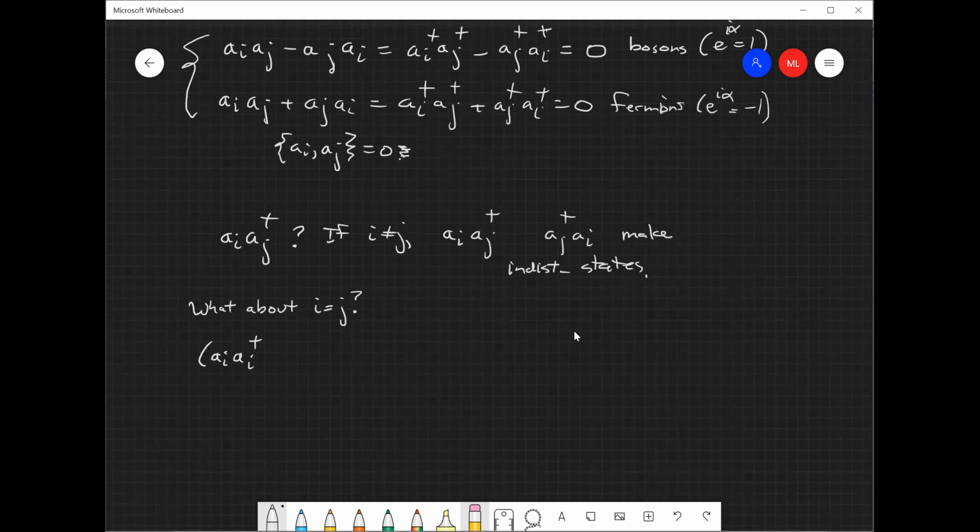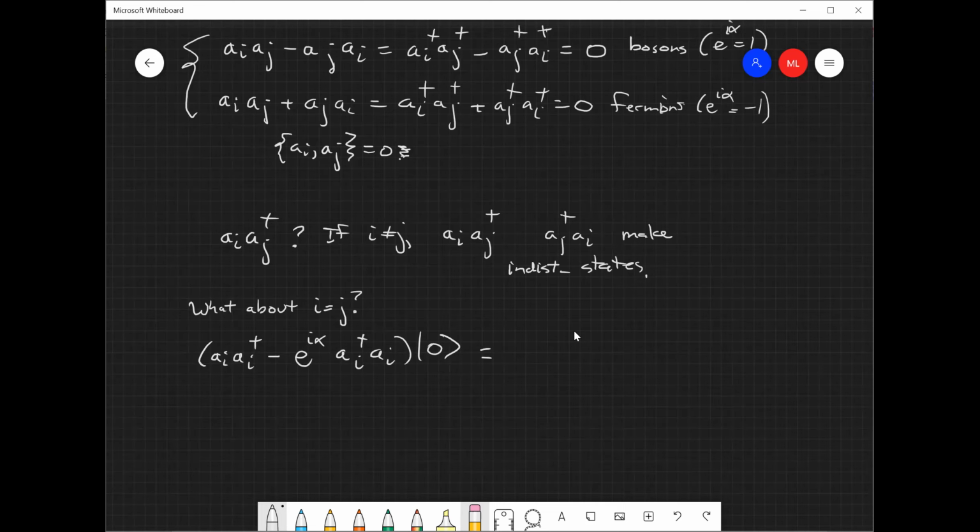And if we look at this, then what you should have, if this thing, this e to the i alpha, which is the phase, acts on the vacuum, maybe this is the easiest way to see it. So what should happen here?